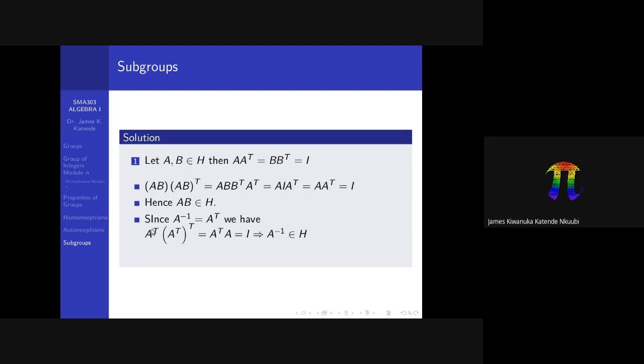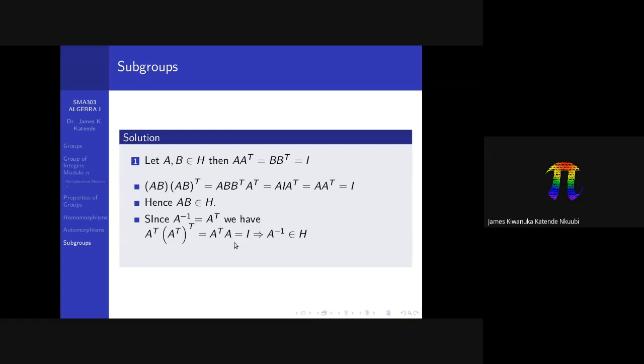The transpose of this transpose is this. So we multiply A transpose by its transpose. And we know that the transpose of the transpose is just A, right? And since A is orthogonal, A transpose A will be equal to the identity.